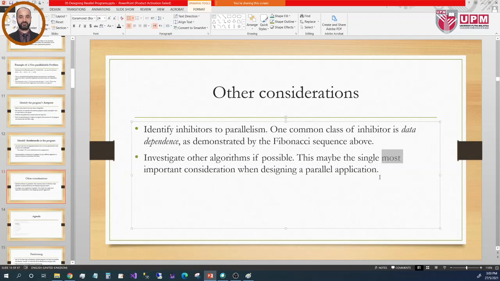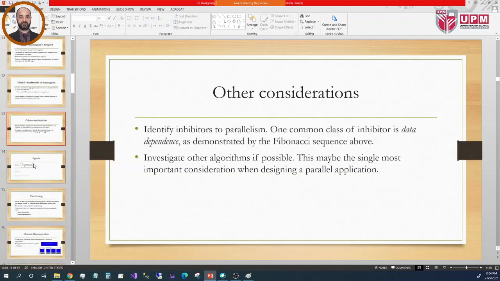This is a very important consideration: to think about the inhibitors, or to understand the nature of the problem before you start thinking about how to design the parallel application.